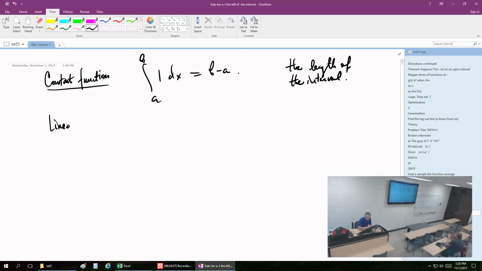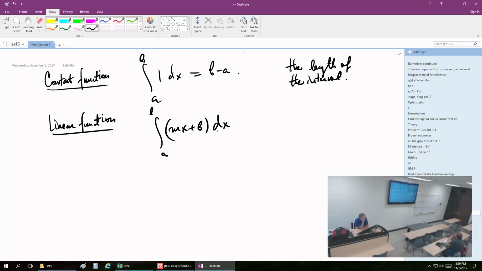Let's take a linear function from a to b. How about we have mx plus b here? I could do the Riemann sums, or we could just use common sense and deal with the algebra of actual areas.